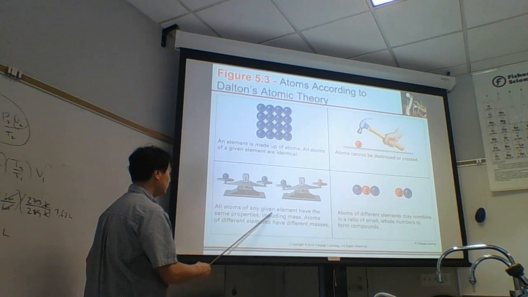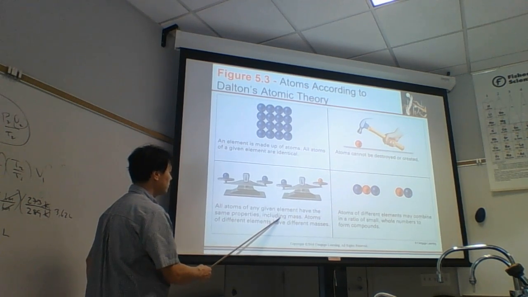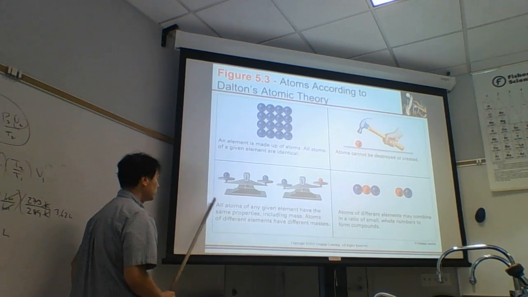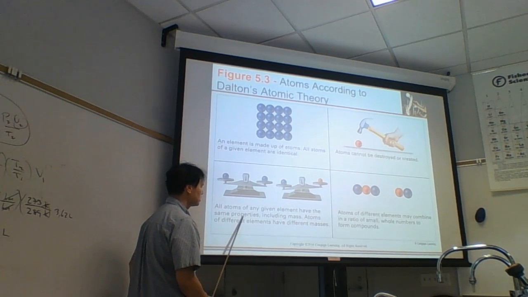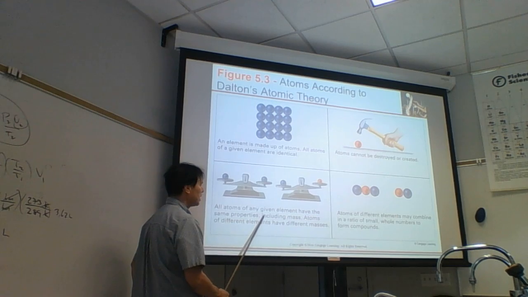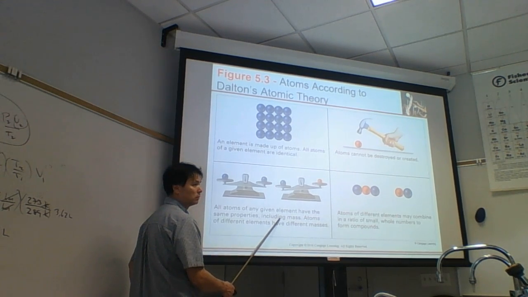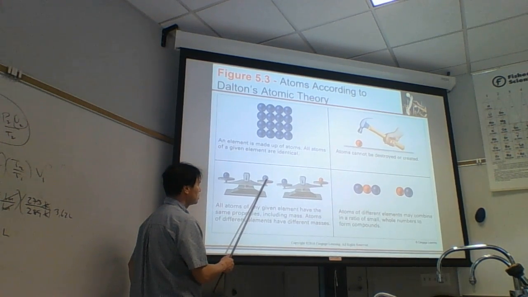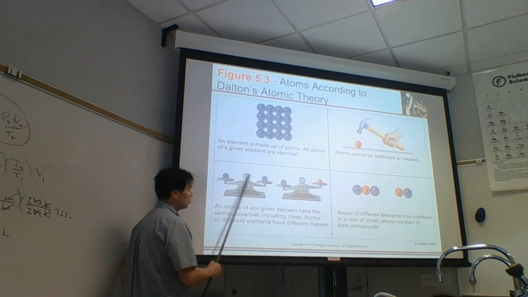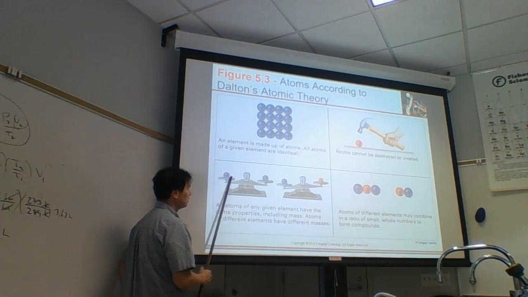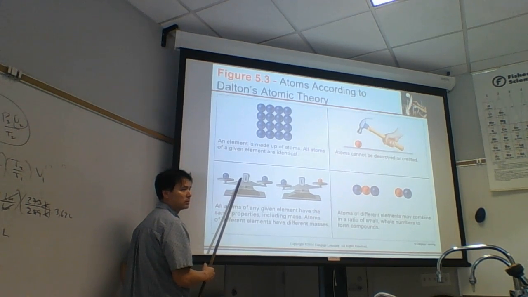All atoms of any given element have the same properties, including mass. No, we should rewrite this. All atoms of any given element have the same chemical properties, but might have different masses. And so heavy oxygen and light oxygen are going to weigh different amounts, but they'll have the same chemical properties.